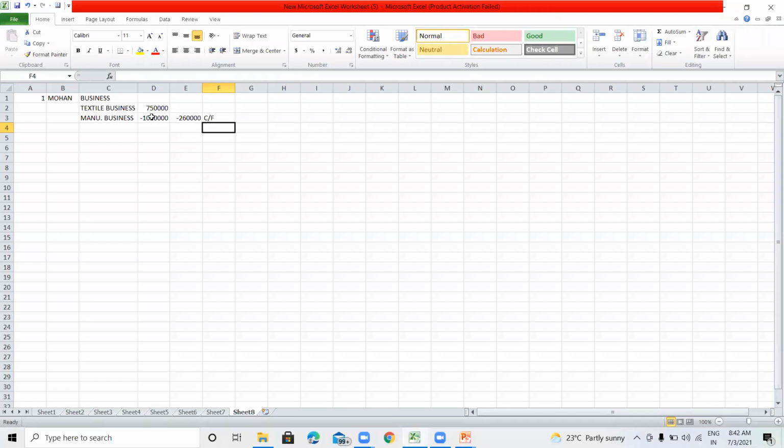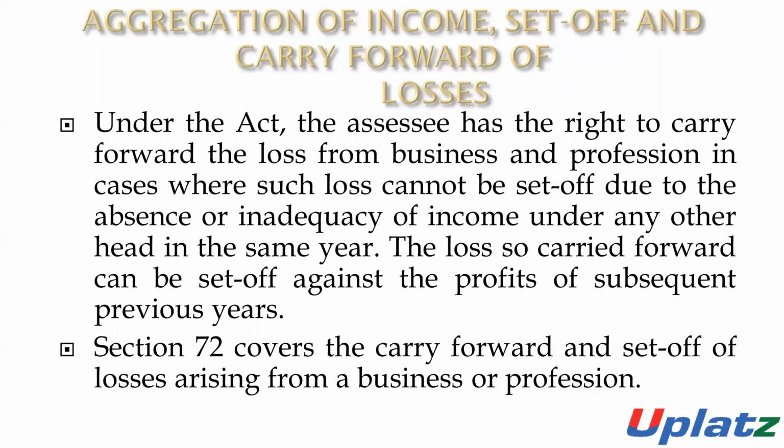If such an amount of 2,60,000 is not adjusted in the same year, then the assessee has the right to carry forward such loss to the next assessment year.